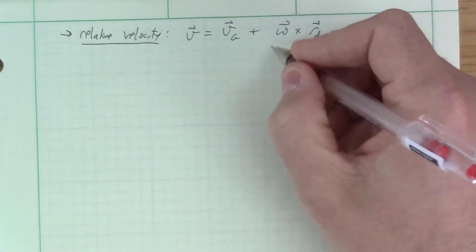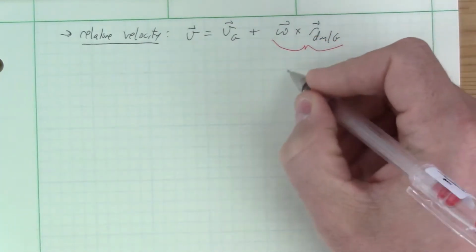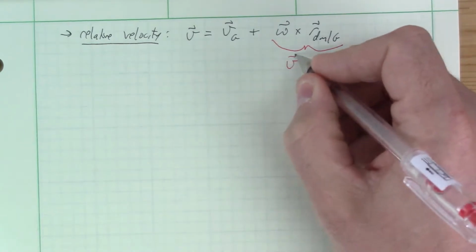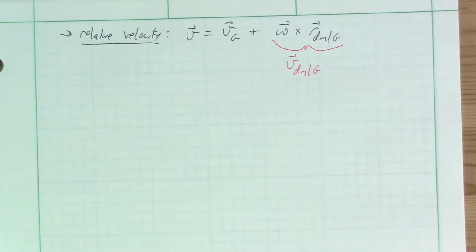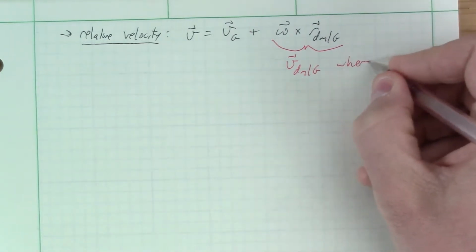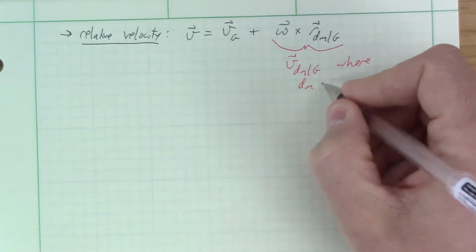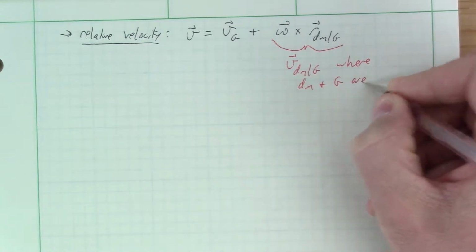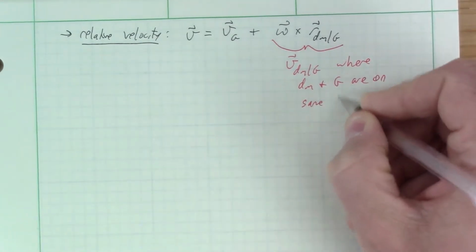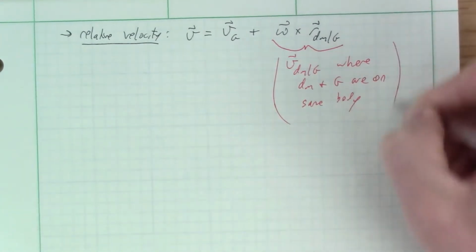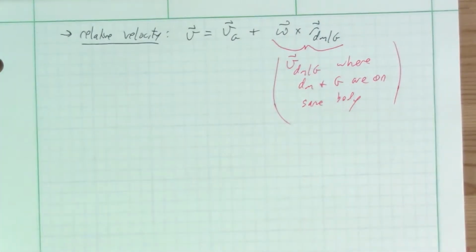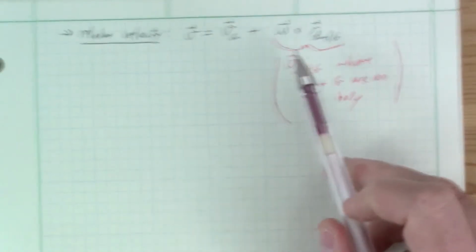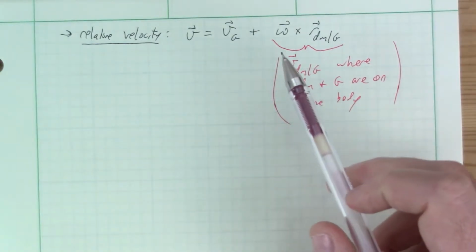Now, by the way, this whole thing stems from the relative velocity of dm with respect to g, where dm and g are on the same body. So we're two points on the same body. That's what allows us to write the relative velocity with just an omega of the body.